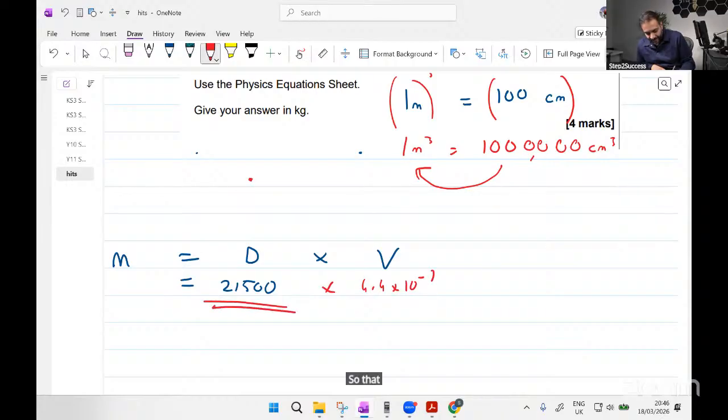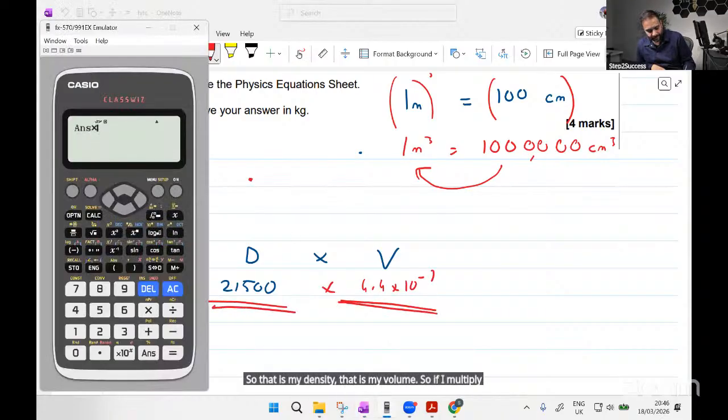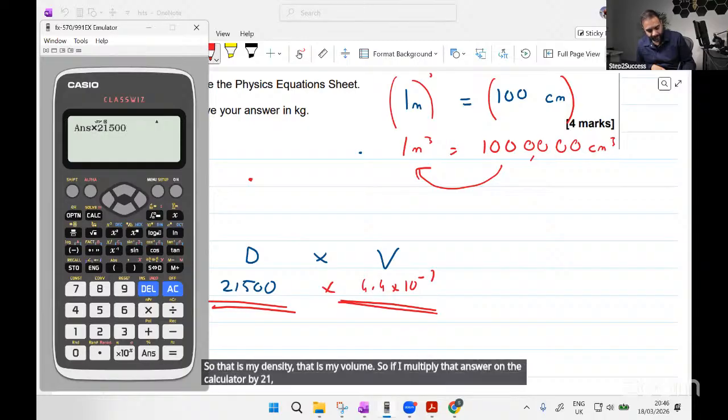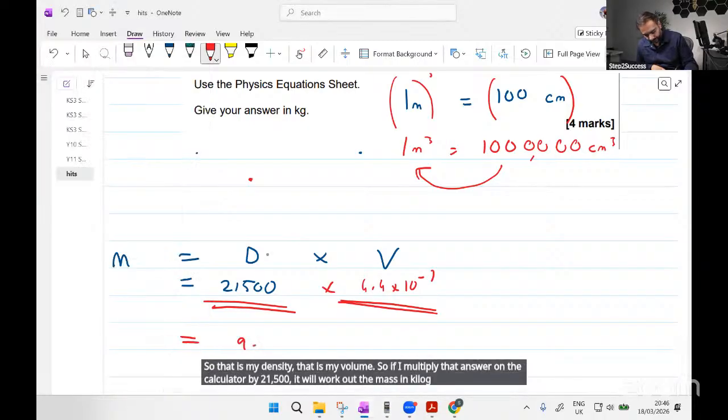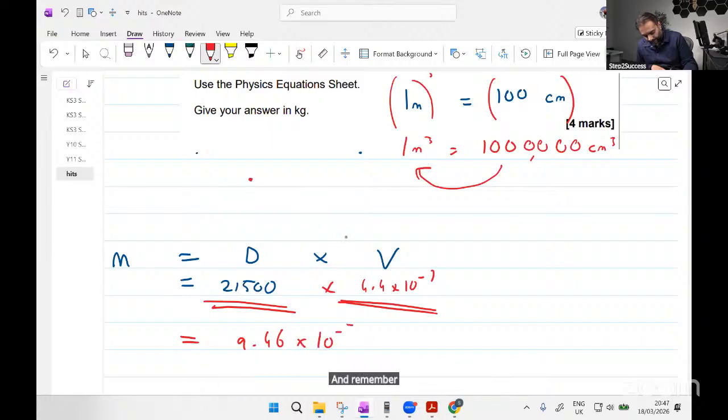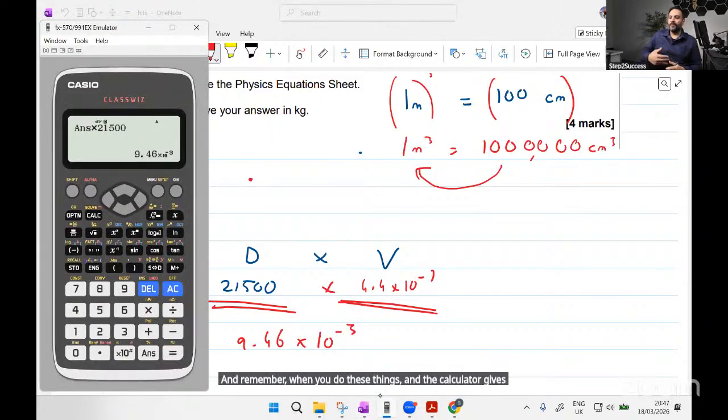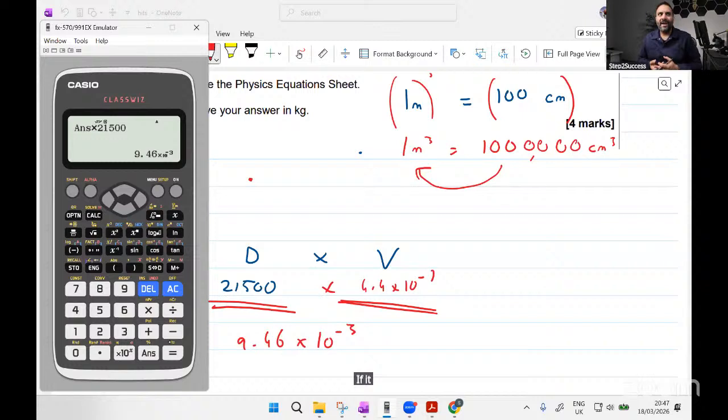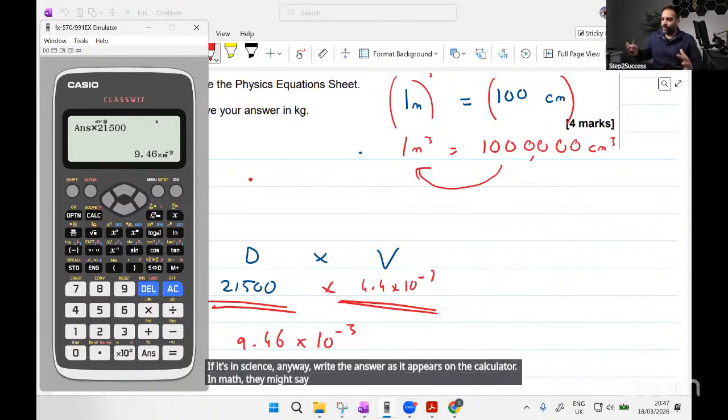So that is my density, that is my volume. So if I multiply that answer on the calculator by 21,500, it will work out the mass in kilograms. And remember, when the calculator gives you it in standard form, if it's in science anyway, write the answer as it appears on the calculator. In maths, they might say write it as an ordinary number, and then you have to convert it back to 0.0000946 or whatever. But in science, just write the final answer.